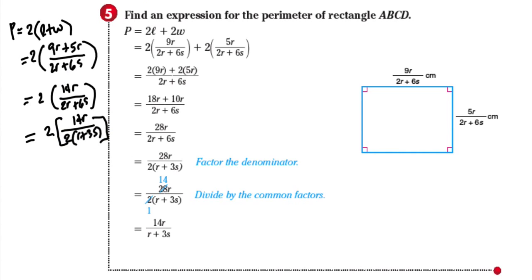From there you cross cancel, the 2 goes away, and you end up with 14r all over r plus 3s. If you notice, it's the same, with a lot fewer steps than the method given in the book. And that is our lesson. Thanks for watching.